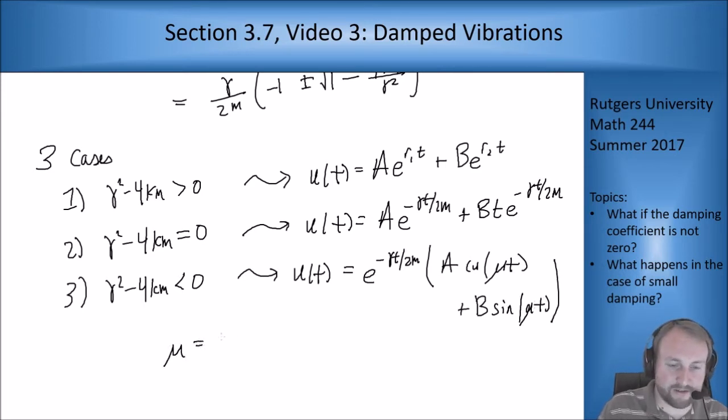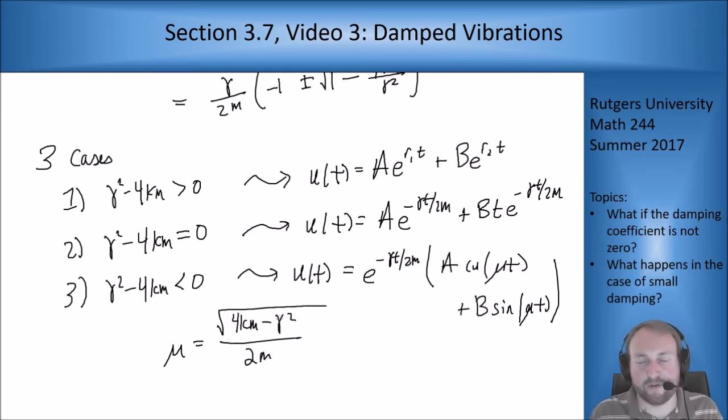This mu is given by the square root of 4km minus gamma squared, over 2m. That just comes from flipping the minus sign from before, so I get the square root of a positive number instead of a negative number to give me the i's. So these are our three cases for what could happen.